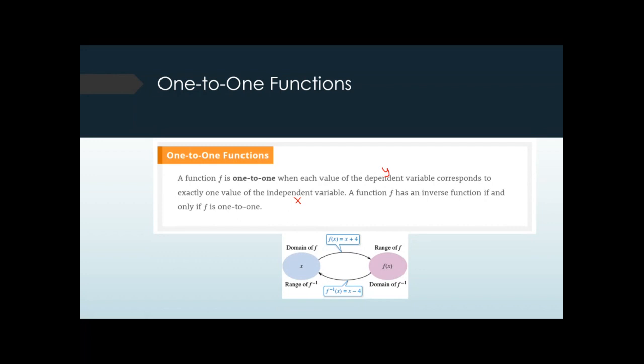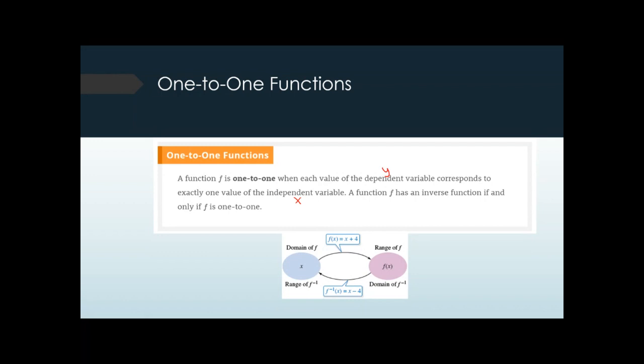And it has to be a function, which means each x goes to y. So basically, if each x goes to one y and each y goes to one x, then it's considered one-to-one because it's a function in both directions. That's the key. It's a function in both directions.